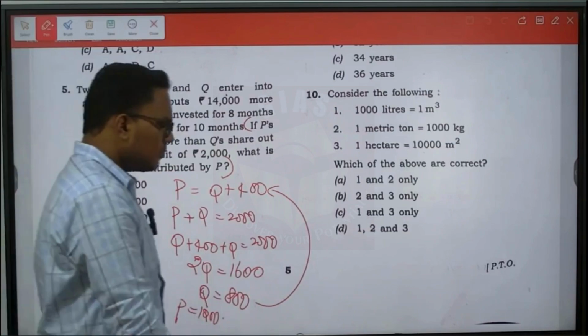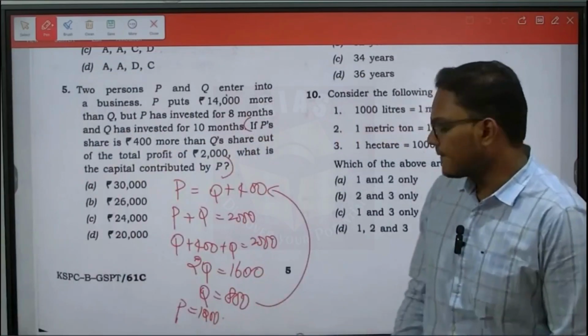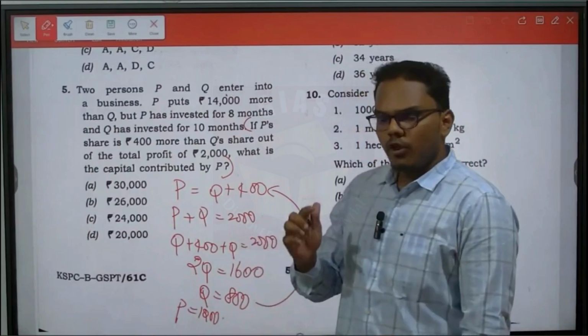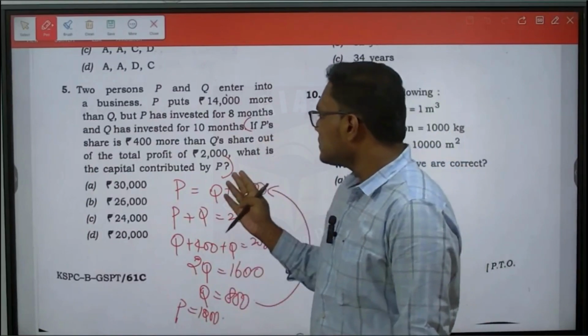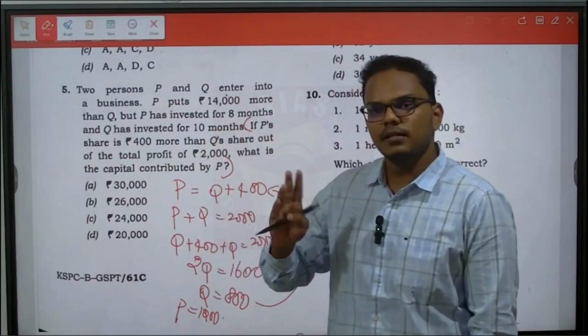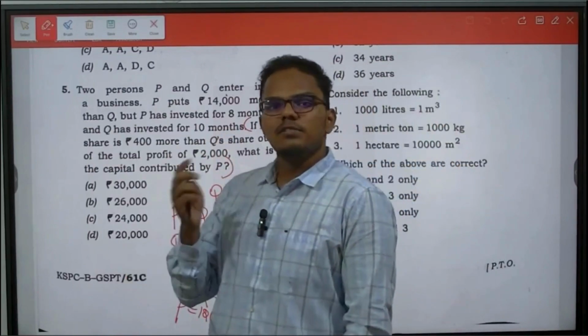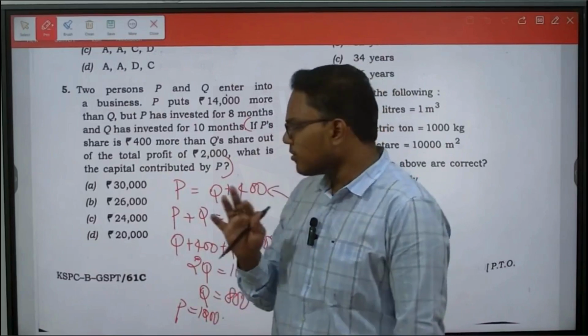But the question doesn't end here. Now you have to know one simple logic: the ratio of the profits received by them is the same as the ratio of the capital invested by both. This is the logic that you have to apply here.